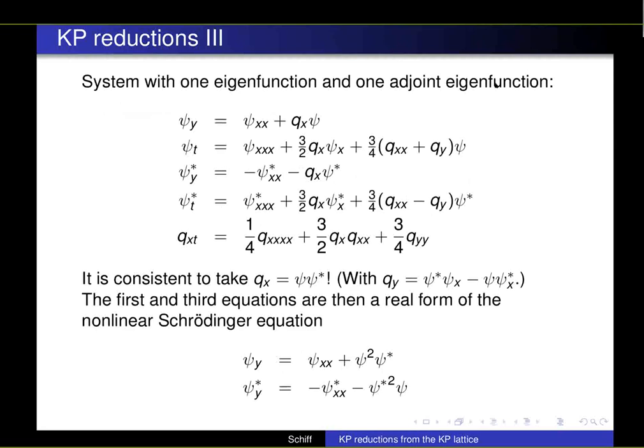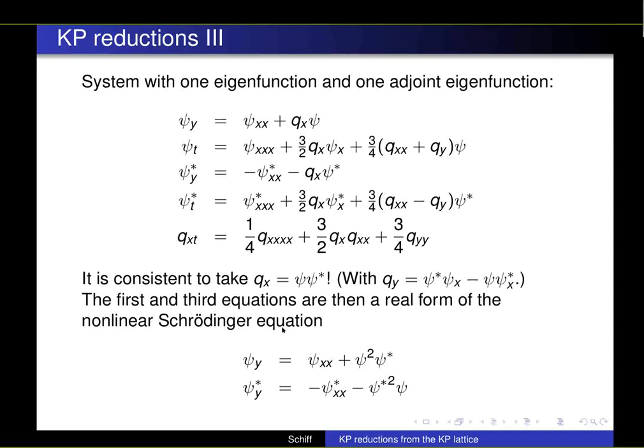It doesn't end there. Let's take a system with one eigenfunction and one adjoint eigenfunction. So here's the adjoint eigenfunction, here's KP. It turns out it's consistent to take Qx equal to psi star. And I have to tell you what Qy is, so you can check that consistent with this is to take Qy equal to this.